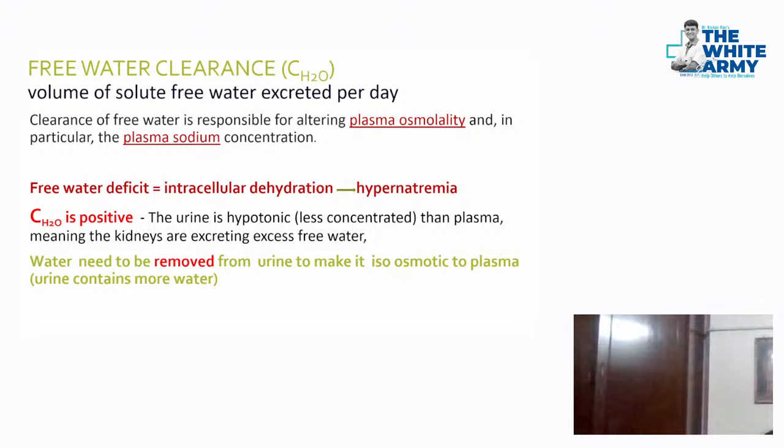So when we say free water clearance is positive, what we understand is that the kidney excretes an excess of water, more than what is required for excreting solutes in sufficient quantity. That is called free water clearance, and it is positive.